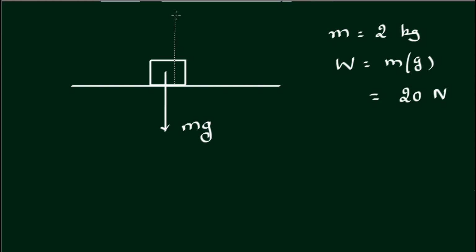It's a force between the two surfaces which are pressing against each other, and this force, let's give it a name, we'll call it R. So R is the force exerted by the atoms on the top surface of the floor on the atoms of the bottom surface of the box, and they keep the box from going through the floor.